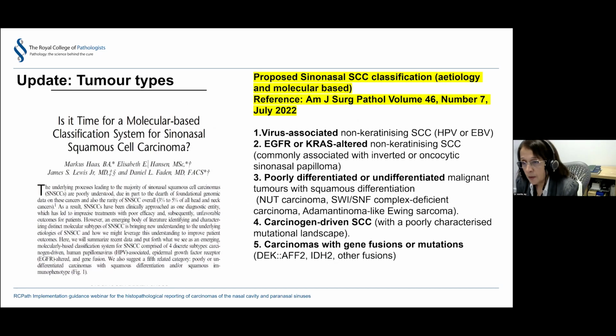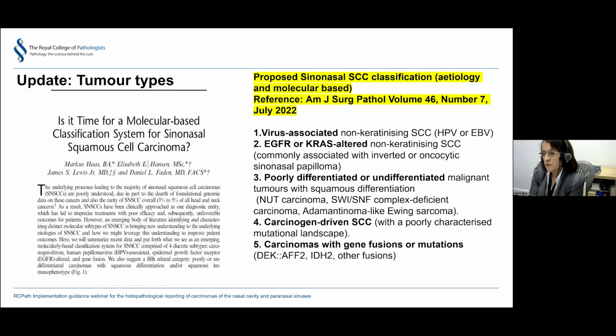And then obviously we come to numerous articles on sinonasal tumor types, which is, I mean, each day you're going to get new fusions being detected in sinonasal tumors. So there's this question, whether we should classify these sinonasal tumors using a molecular-based approach or based on etiology. And this is a classification, again, by James Lewis and Faden and team.